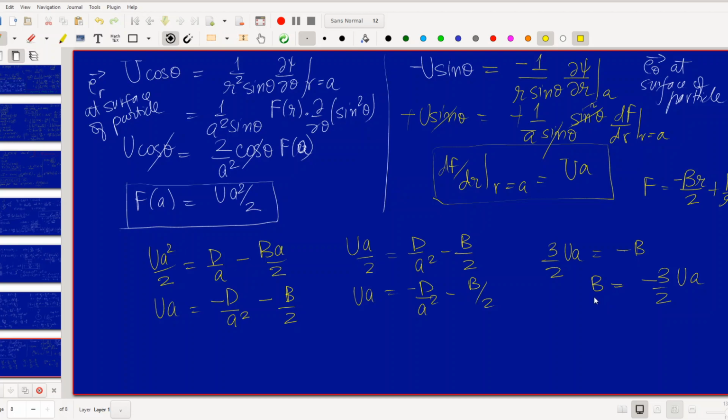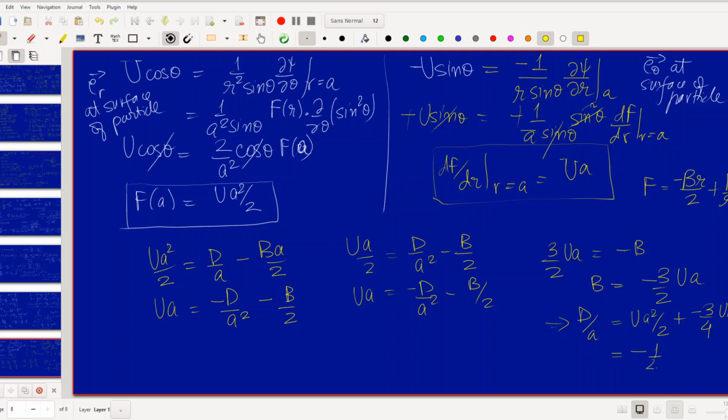So if this is b, then d by a is equal to u a square by 2 plus b a by 2. So minus 3 upon 4 u a square, right? So what is this?